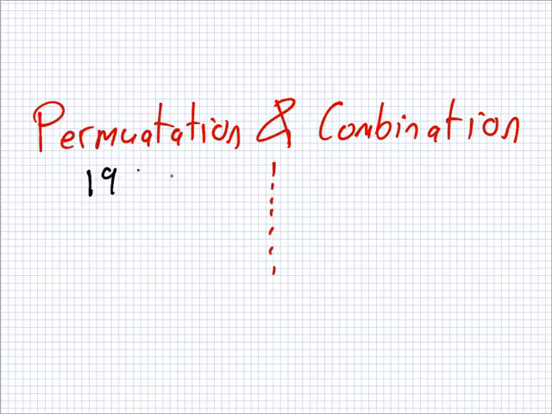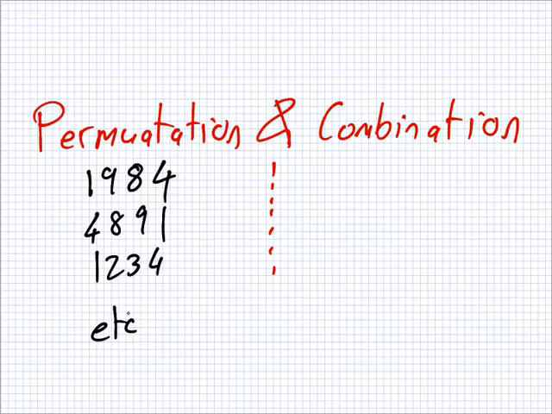Don't worry, this isn't mine. That's different to this PIN code, 4891, isn't it? So the order here is important. Or you could have 1, 2, 3, 4, whatever, etc. These are all called permutations.